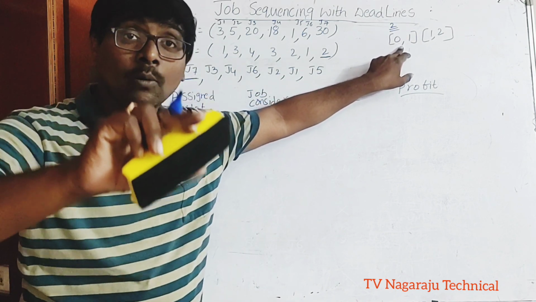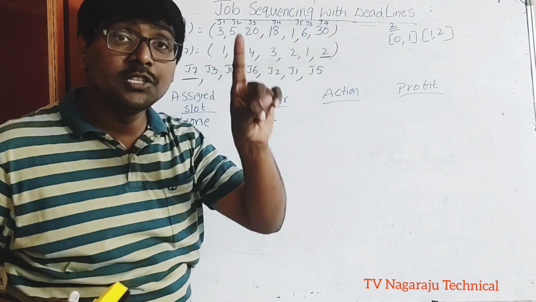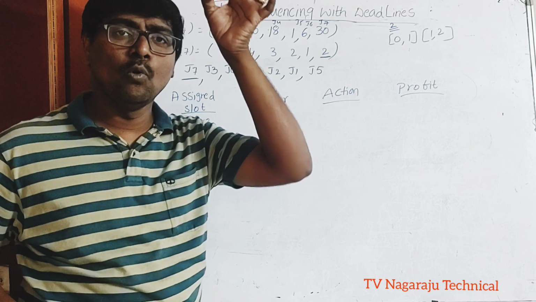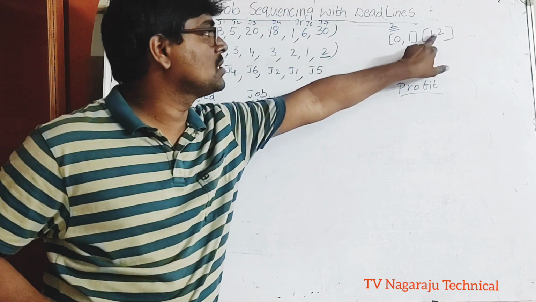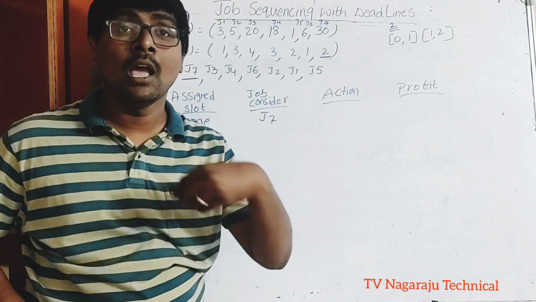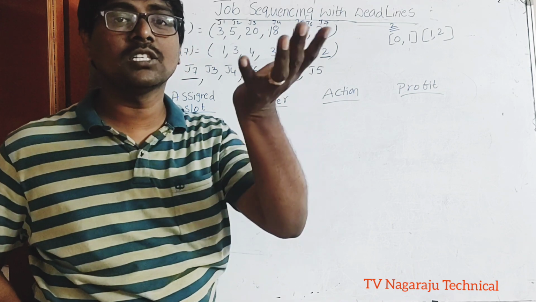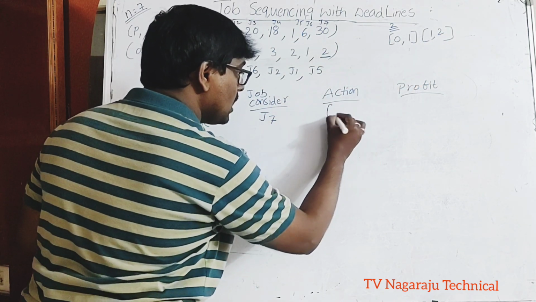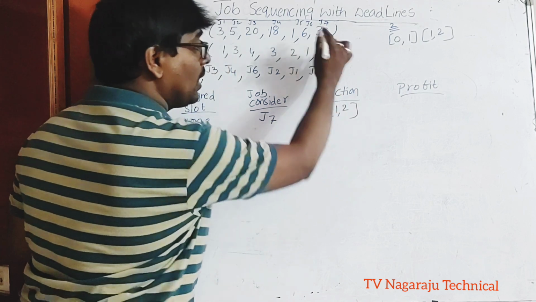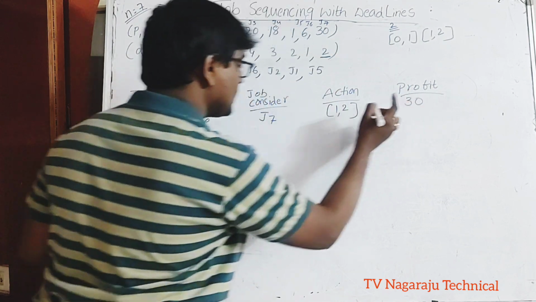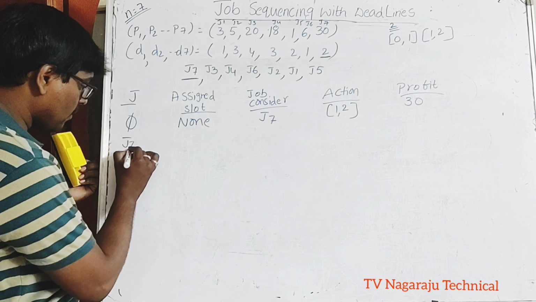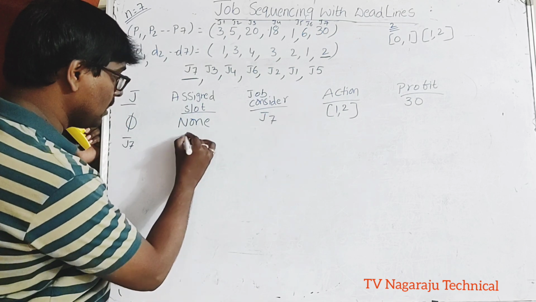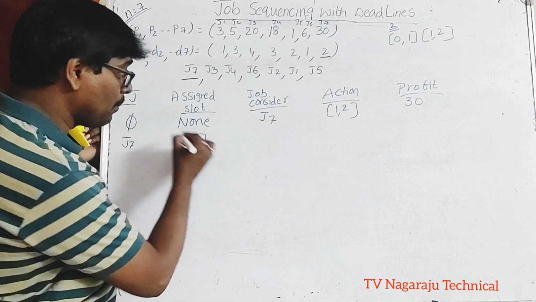But you may have one more job in your system. Assume its deadline is 1. Then it has only the possibility of 0 to 1. This is a waste. That is the reason to always utilize the last slot. So for deadline 2, the last slot is 1 to 2. What is the profit? Profit is 30. Now my answer consists of J7. The slot 1 to 2 is completed.